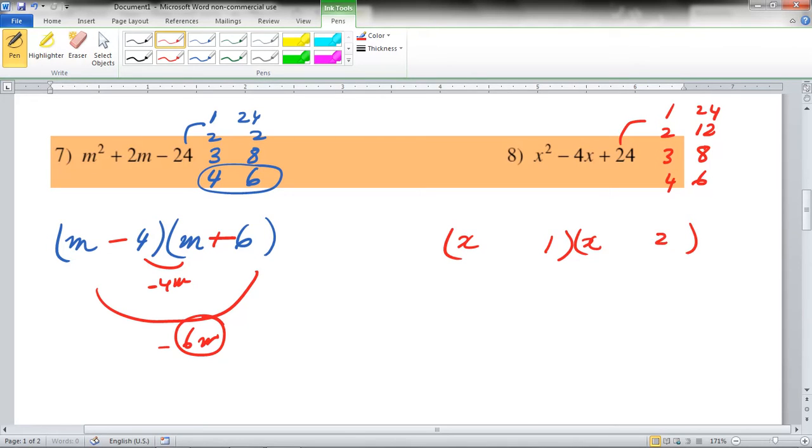So 1 and 24, that's just not going to work because it's 1x and 24x, that's no one add or subtract. How about 2 and 12? Let's put 2 and 12 over here. This is 2x, and that is 12x. Come on now. They don't add or subtract to give 4. Okay, so this is out.